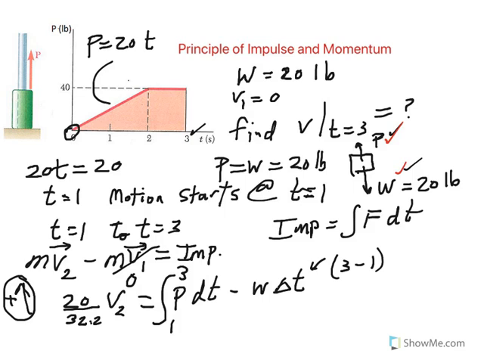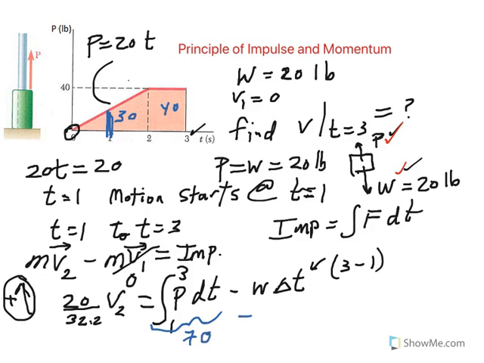We really don't have to integrate, we just have to find the area, since the integral is the area, from 1 to 3 seconds. The area of this trapezoid is 30, and the area of the rectangle is 40. So this integral happens to be 70 pound-seconds.